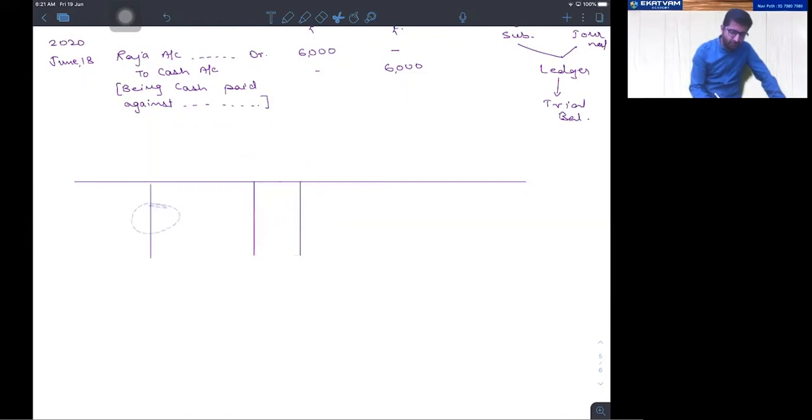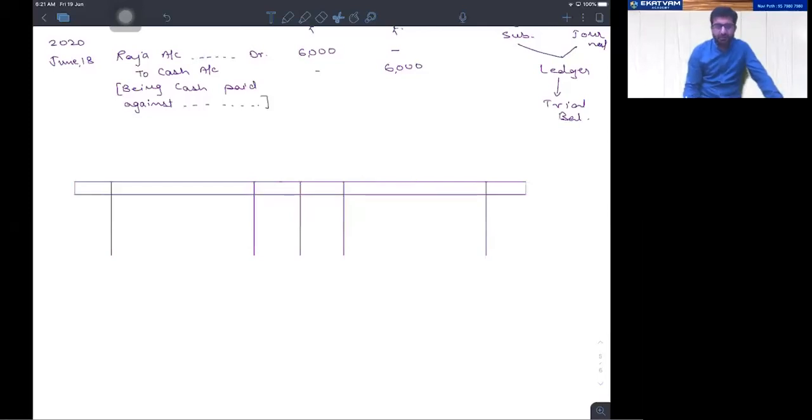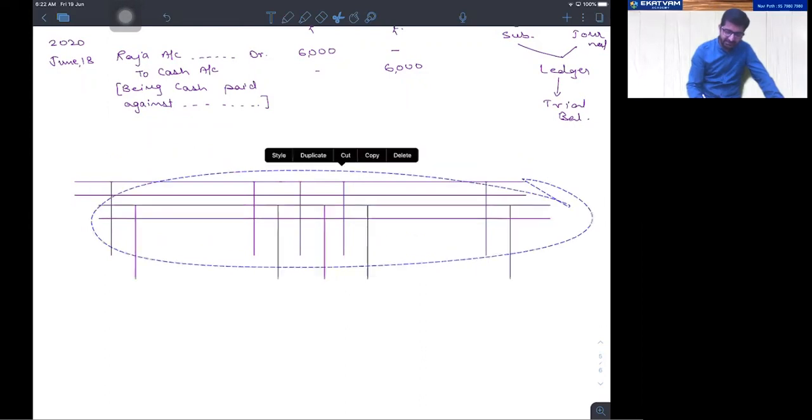Every ledger will have two parts. One will be the debit part and second will be the credit part of that account. The debit part will focus on the effects of the debit side and the credit part will be focusing on the effects of the credit side.